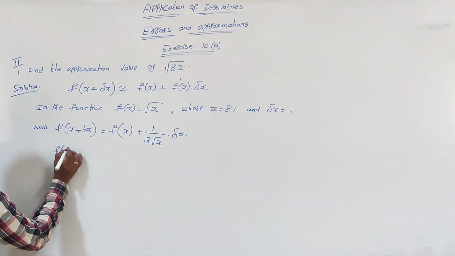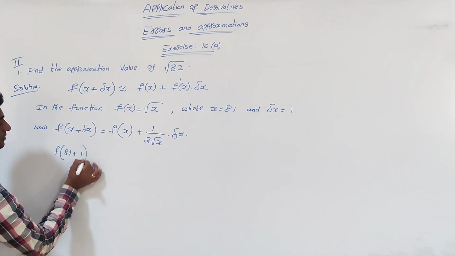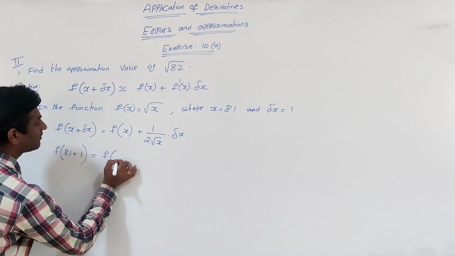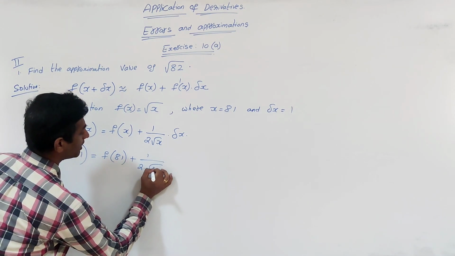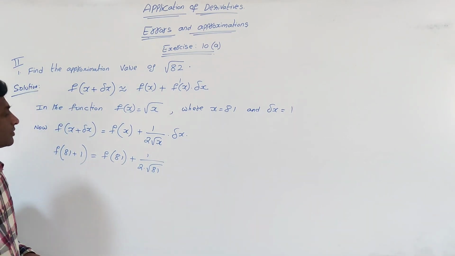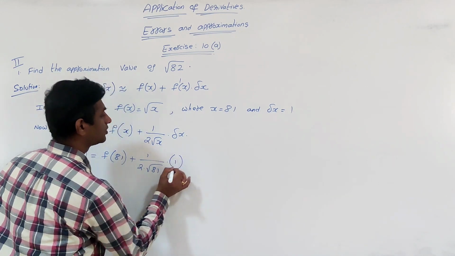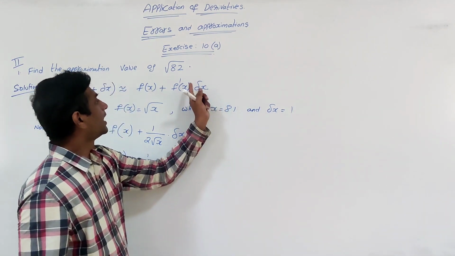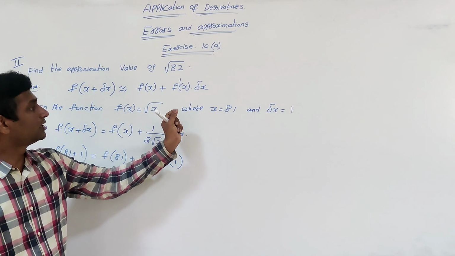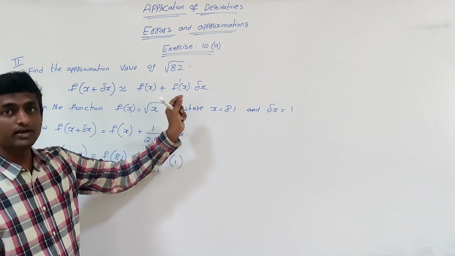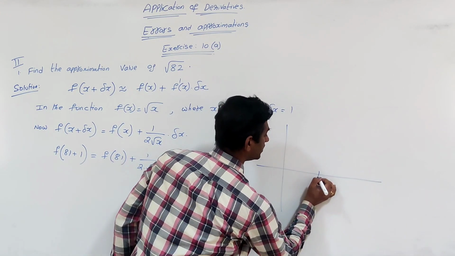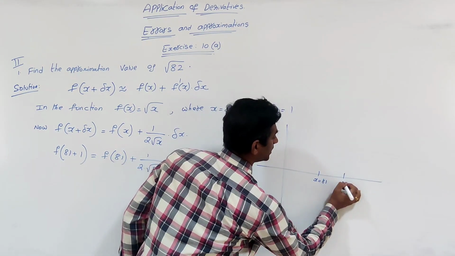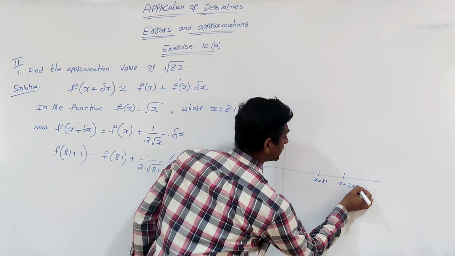F of 81 plus 1 is equal to f of 81 plus 1 by 2 into root 81, because x is 81, into delta x is 1, because actually the difference between 82 and 81 is 1. Because if you take a graph, if x is 81, x plus delta x is given as 82.